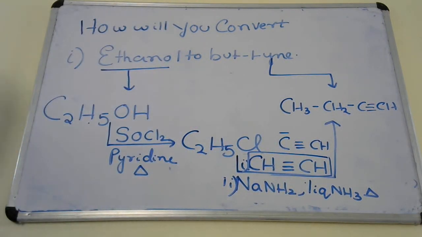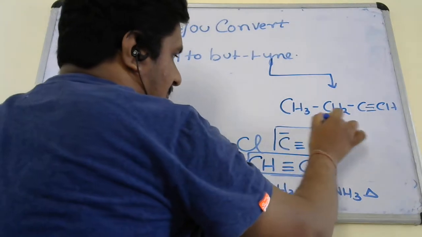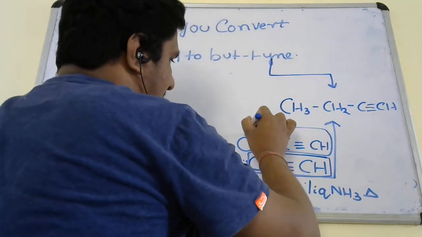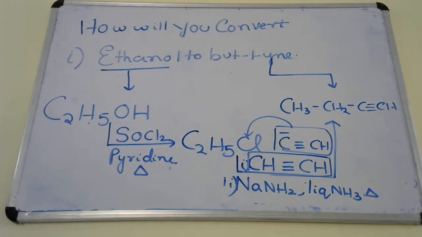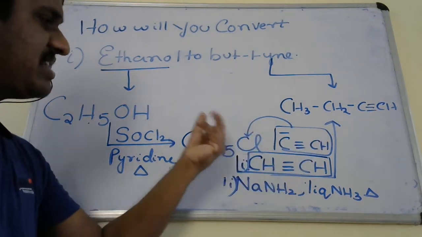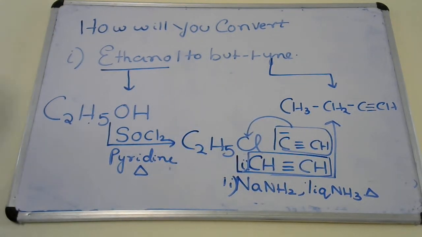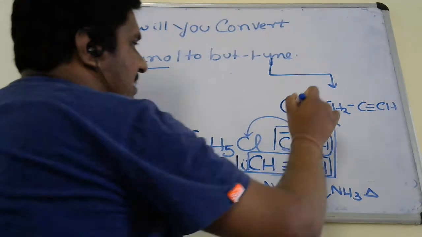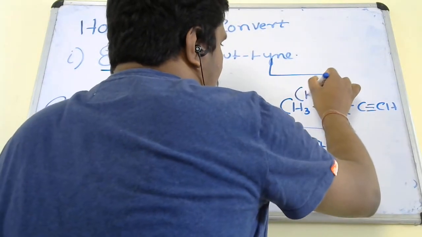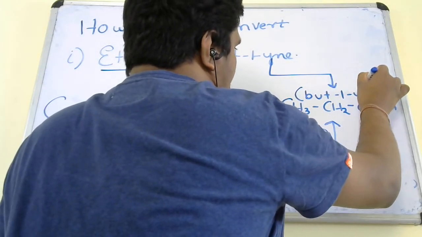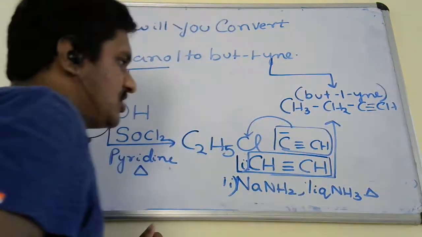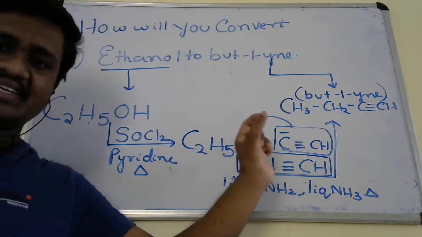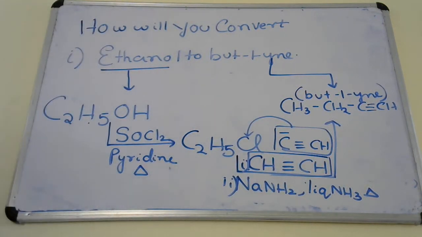Okay, so this nucleophile will replace this halogen. And you will finally get product but-1-yne. So here also there is a nucleophilic substitution happening.